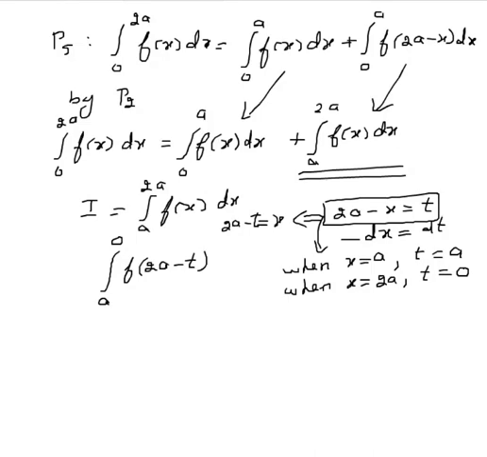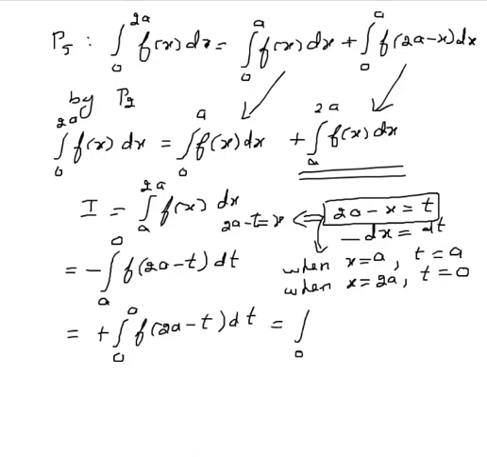I'll write the minus sign outside, dt. I'm changing the limits. I have to put a negative sign. Minus of minus will become plus. If I interchange the limits, minus sign comes out. So it makes the negative sign positive. And we have f of 2a minus t times dt.